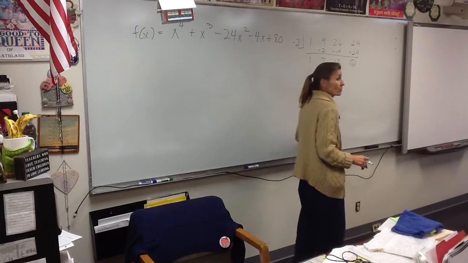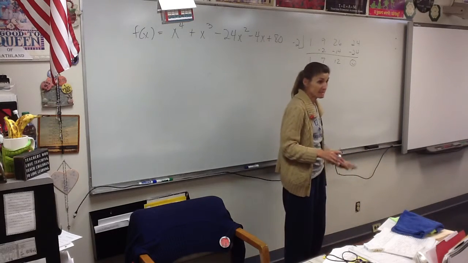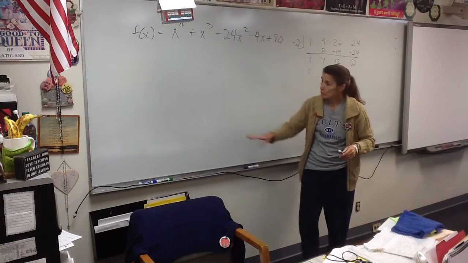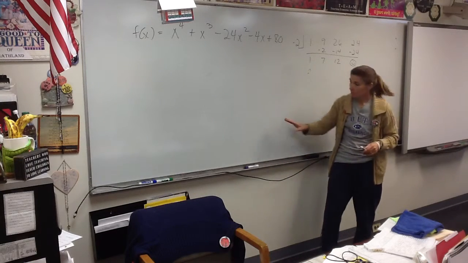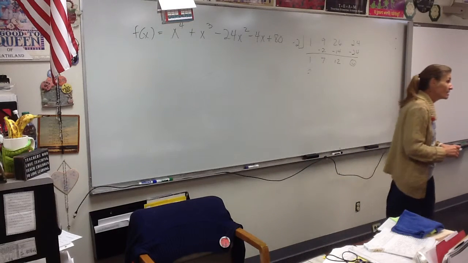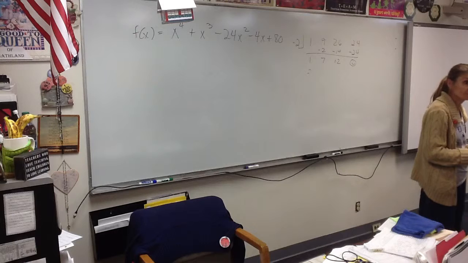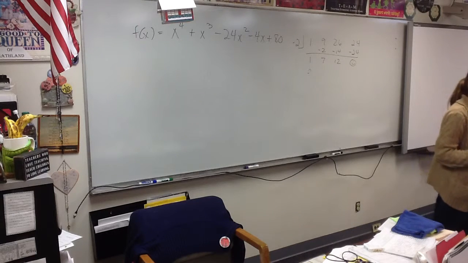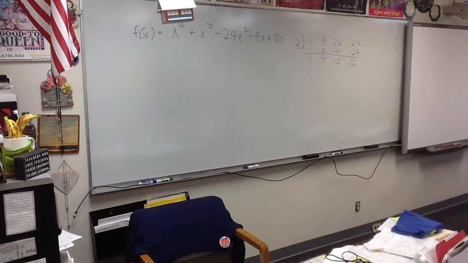It's an x to the 4th. Now what that means is, you're going to guess just like always, you're going to divide. But when you do your synthetic division, the thing that's left is going to be an x cubed, right? After the first division, it's going to be an x cubed, which means you're going to start all over again, guess another number, divide it out, and then you'll be down to a quadratic.